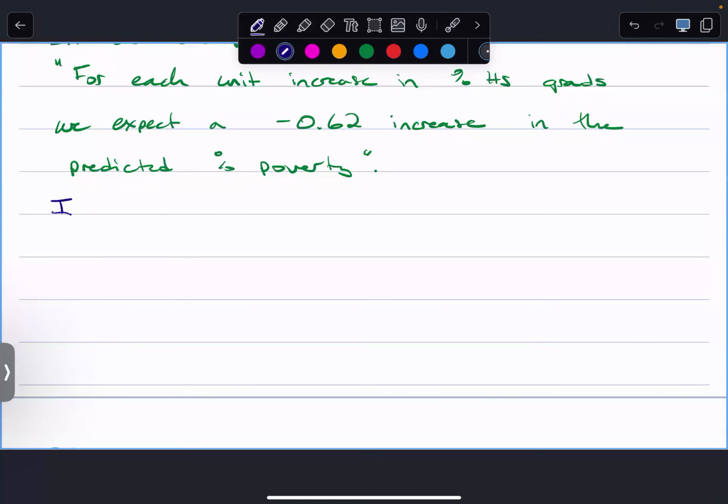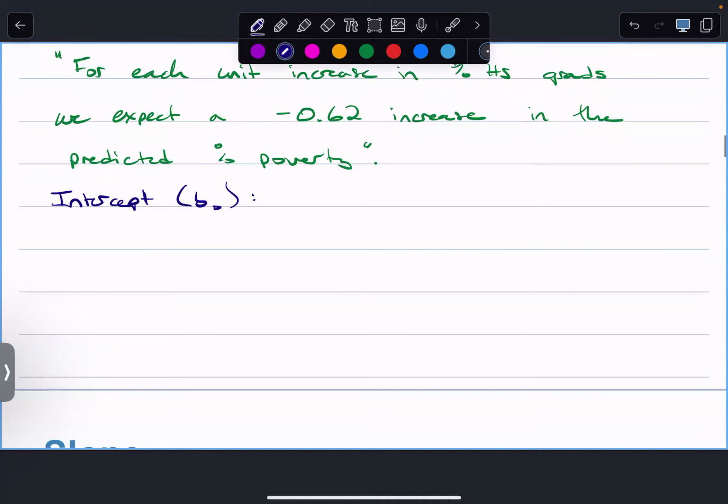So the intercept, which is B0, is the predicted value of Y, or Y hat.